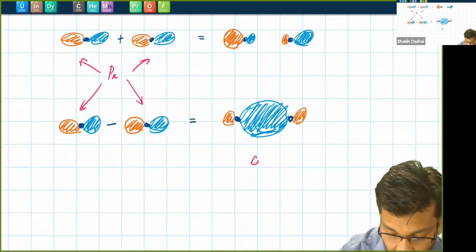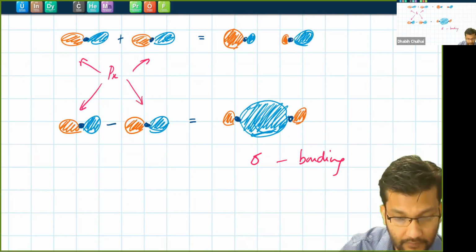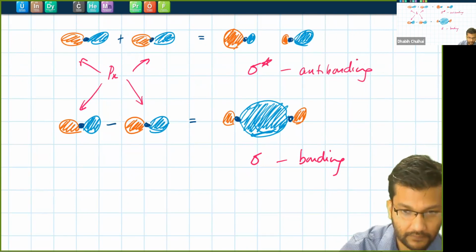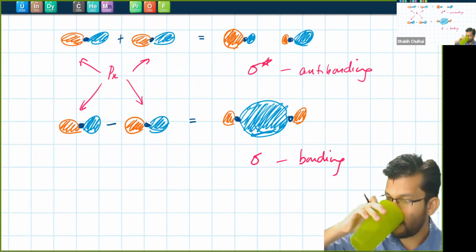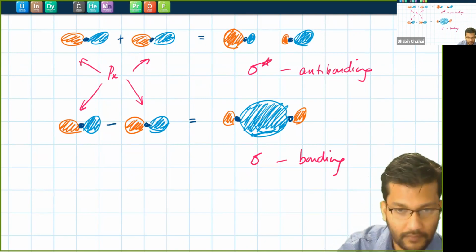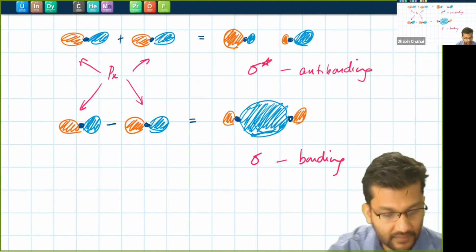So they actually call this one a sigma bonding as well, because it looks like a sigma bonding, which means that the one on top we'll just call a sigma star or anti-bonding. Everybody with me so far?